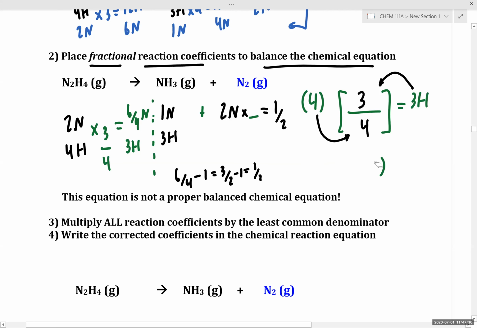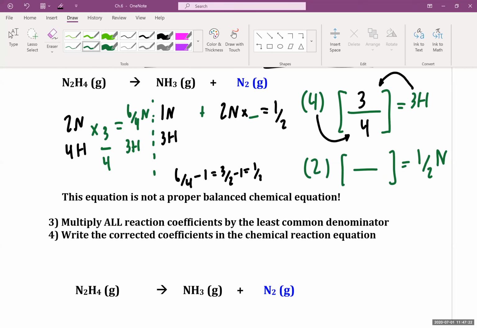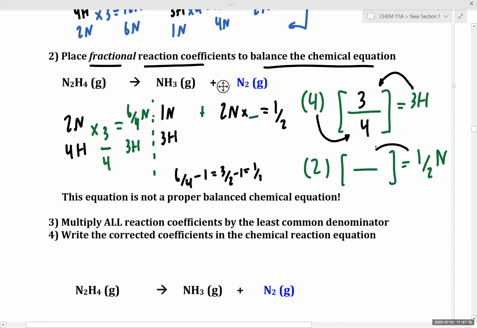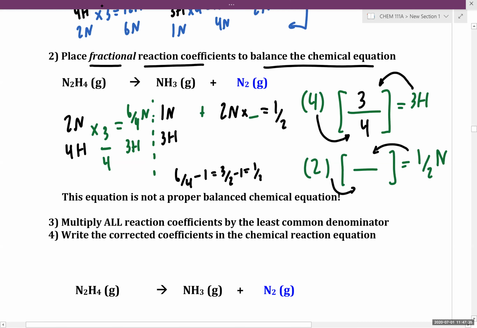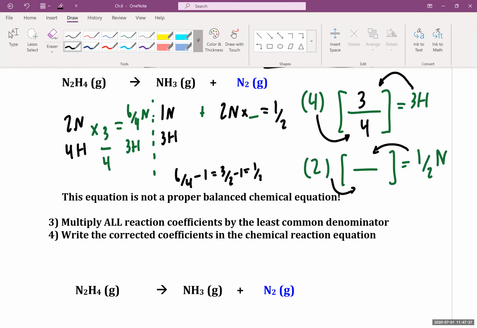So let's set up that equation. The trick for this, you put what you want on top, you put what you have on the bottom. So what fractional coefficient should we guess for nitrogen?